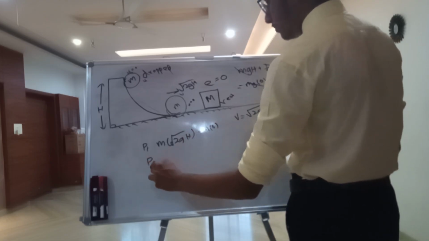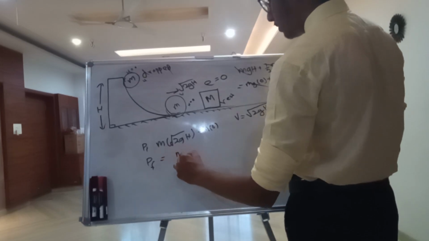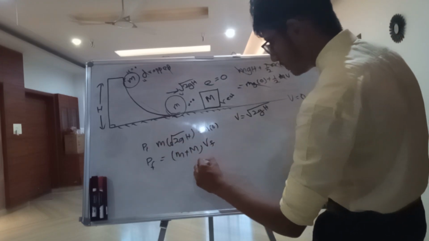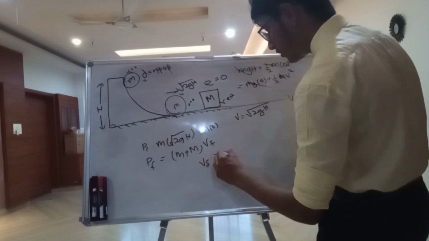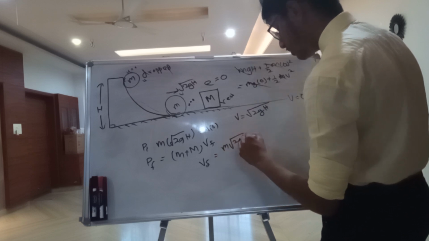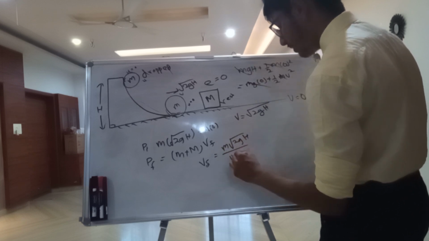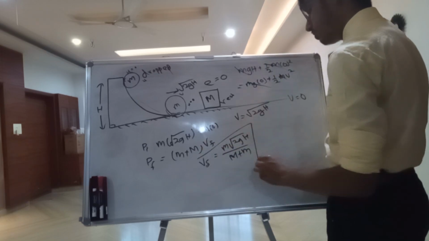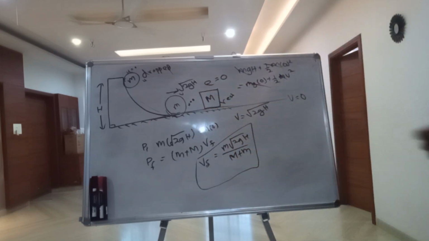Final momentum: both are going to be moving together, so m plus m into final velocity vf. By equating both of them, we get vf equal to m root 2gh divided by m plus m. So this is the final velocity of the combined system. Hope this is clear for you.